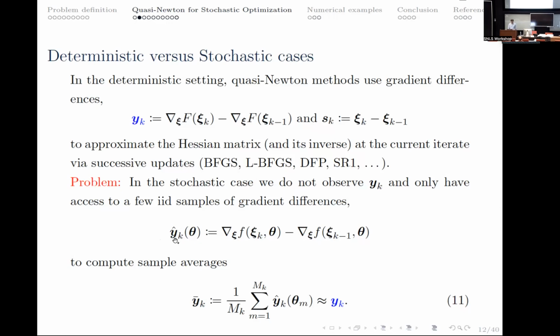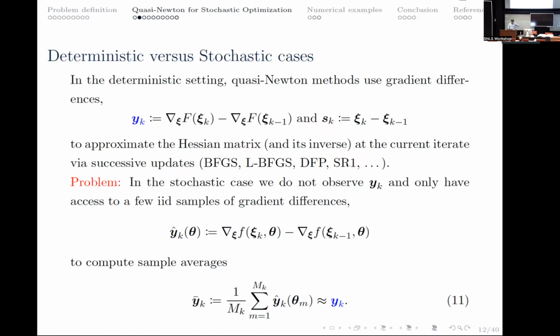But still, we can build this quantity here, y hat, which is still a function of theta. And then what can be done is to build some Monte Carlo estimator here of y that we denote as y bar. And it's important to say that we assume that we have all this data from optimization. We are not evaluating anything extra just to compute the Hessian. These are the gradients that we use in optimization.